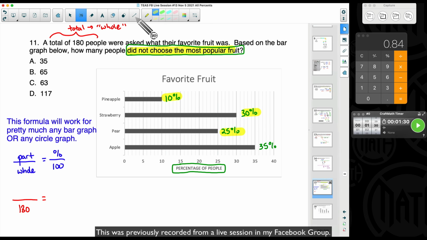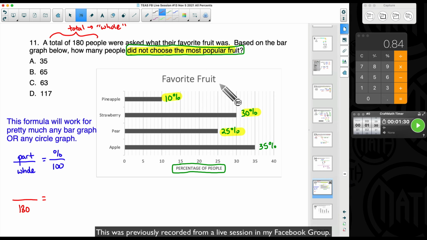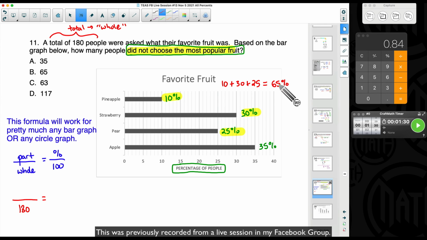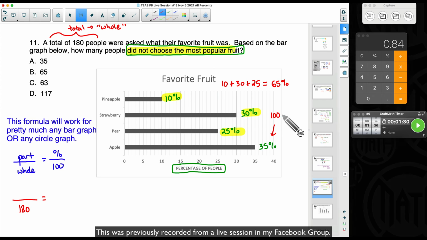You can add those 3 together. Let me restate that again. You can take the 10 plus the 30 plus the 25. That's going to give you a total of 65%, which is the same thing as taking 100 minus the 35. That's still going to give you that same 65%.